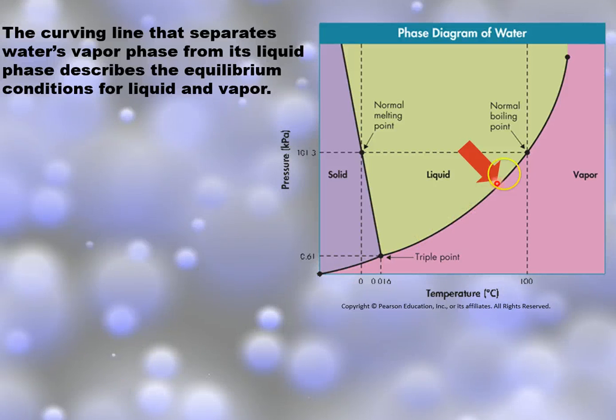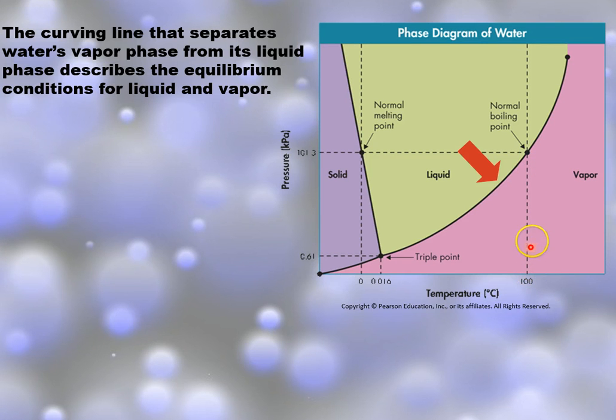In between, the line that we have right here represents an equilibrium between the liquid phase and the vapor phase at these different temperatures and pressures. So this here is the normal boiling point. The normal boiling point is the boiling point at standard conditions, 101.3 kPa, which is standard pressure, and 100 degrees Celsius.